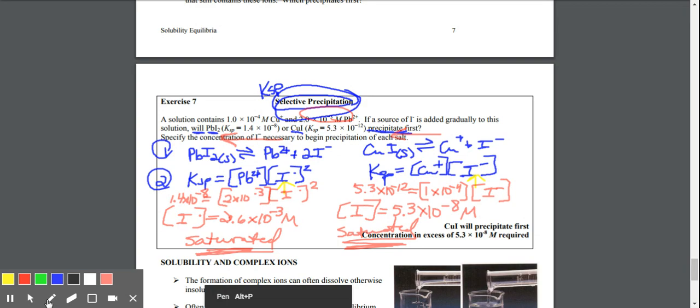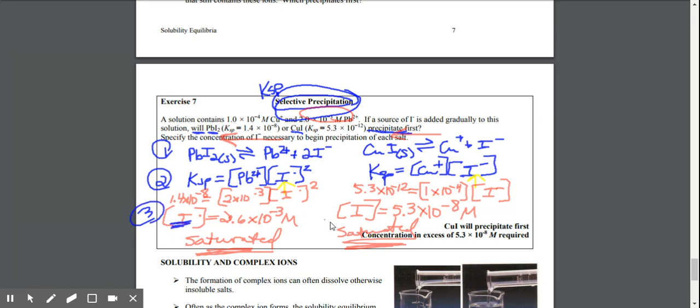So now that I know my I's, that's step 3: you solve for what's common between these two reactions. I then compare these values, and whichever value is smallest, that will be the thing that precipitates first. Over here, I have to add 5.3 times 10 to the negative 8th to get to where it's forming a precipitate.